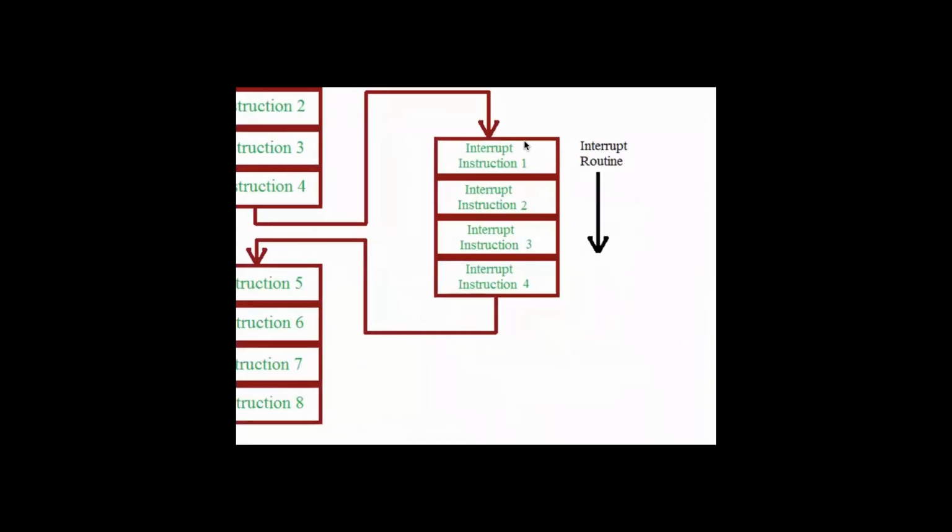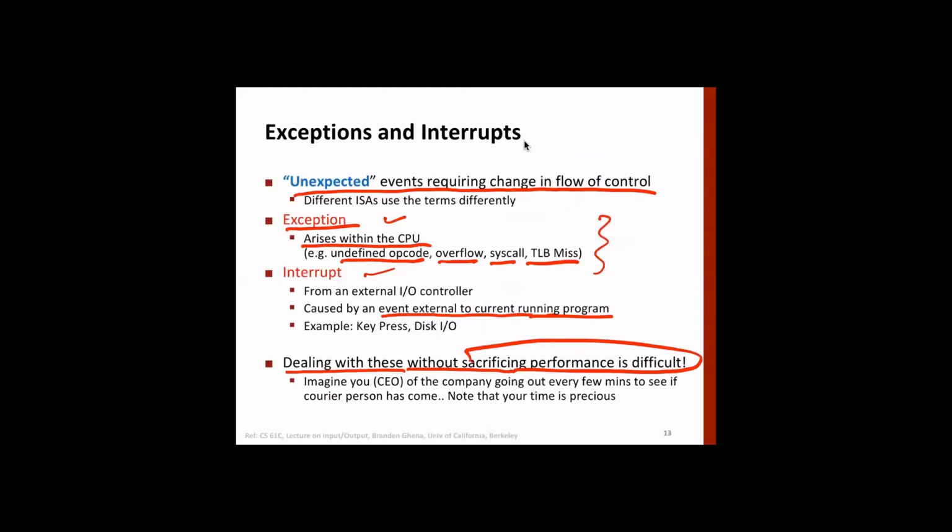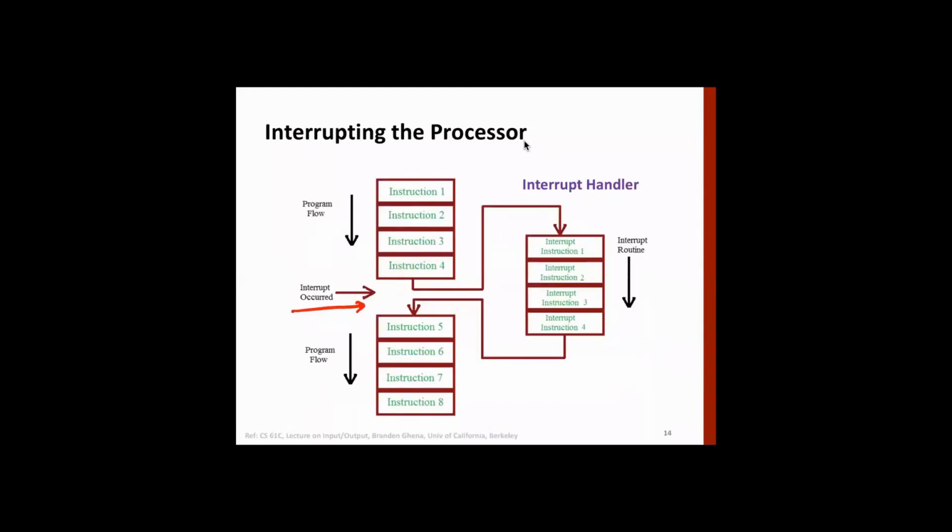All right, this is how an interrupt will be handled. Okay, an external event happened. Now we can call this, in fact, we can call this also an internal event, right? Like say an exception.